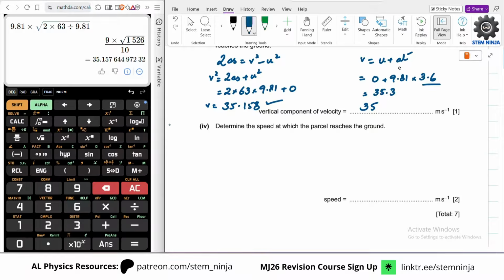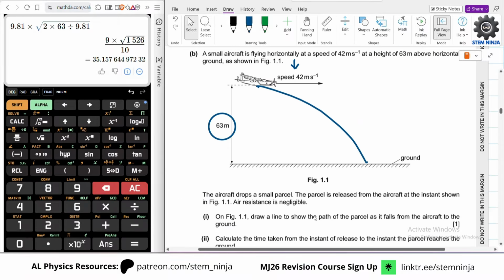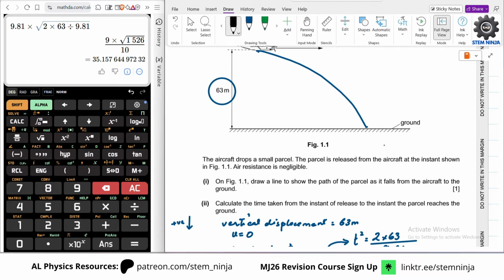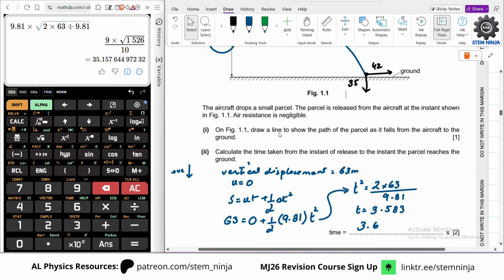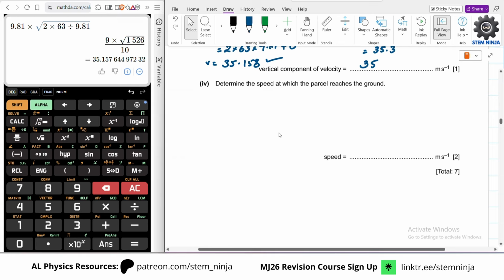So remember, when it hits the ground, it has the vertical component of velocity also and the horizontal one. So horizontal one remains the same as 42, and just before it hits the ground it has 35 meters per second also.